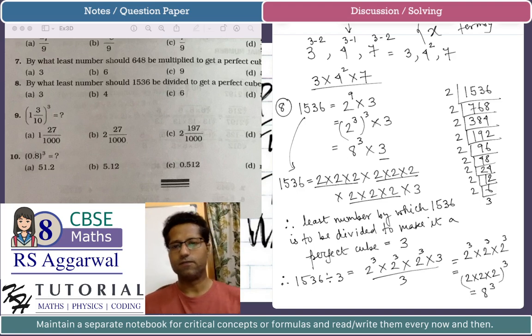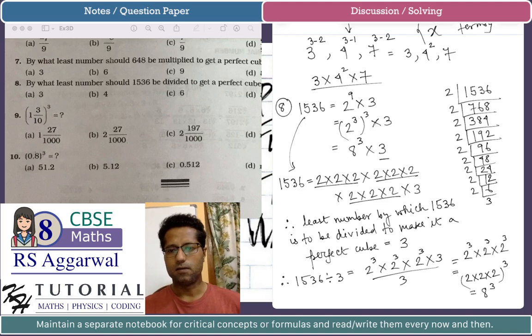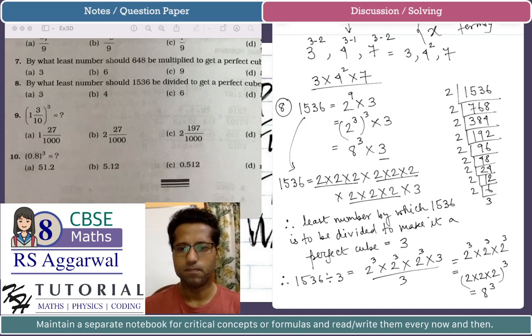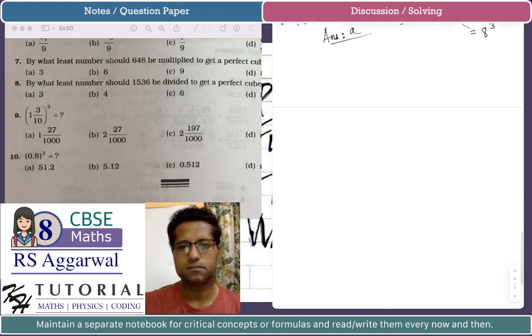So when 1536 is divided by 3, we get a perfect cube, which is 8 cube. So 3 is the least number by which 1536 needs to be divided to make it a perfect cube. So the correct choice is A. Okay, let's do problem number 9.